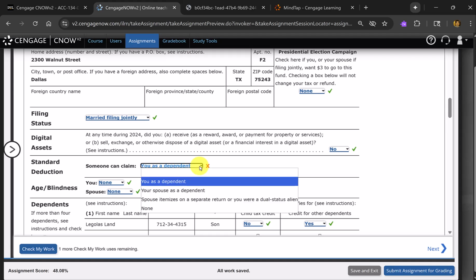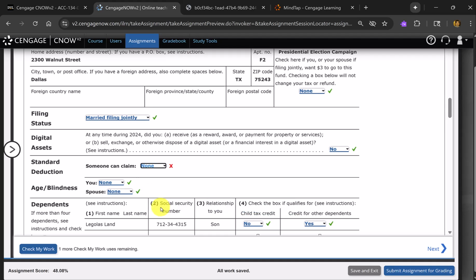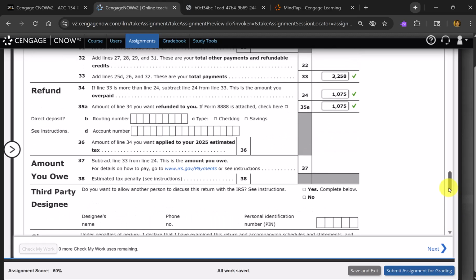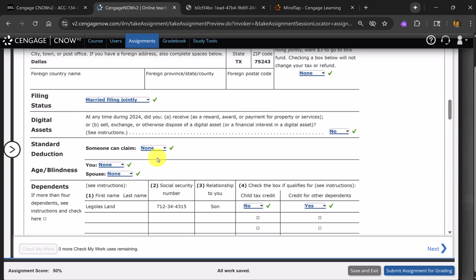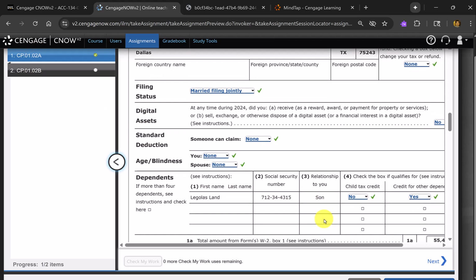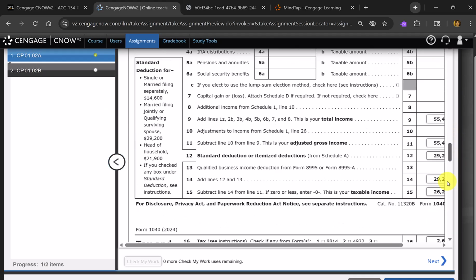But let me go ahead and fix this up anyway. Yeah, none. And use my last of the check my works for this one attempt. Yay, green. Okay. And 50% because I know there are 2 problems. Yeah, 50-50. So do not submit this problem yet.